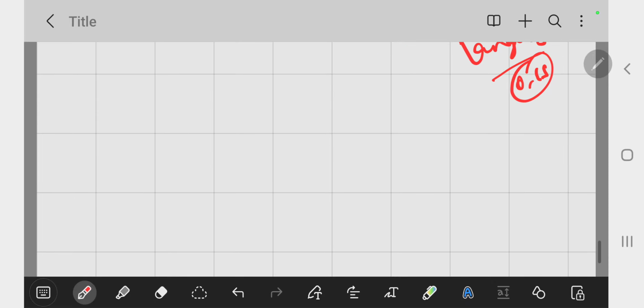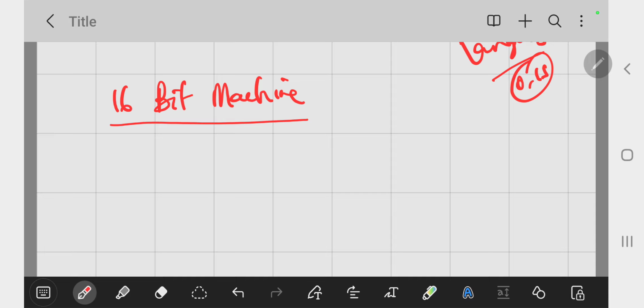So maybe just a quick example. So consider the scenario which happens in a 16-bit machine. So this is a very old machine, because when you go on the market, the most common machines which you find there are 64 bits, maybe sometimes 32 bits machine.